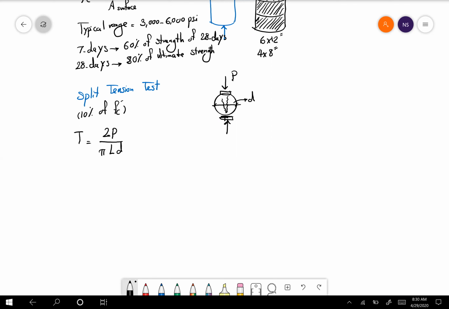L is the length. So if you look at it sideways, it's somewhat like this. So this is L. And then P is the failure load, or the amount of load that you apply until the specimen fails.